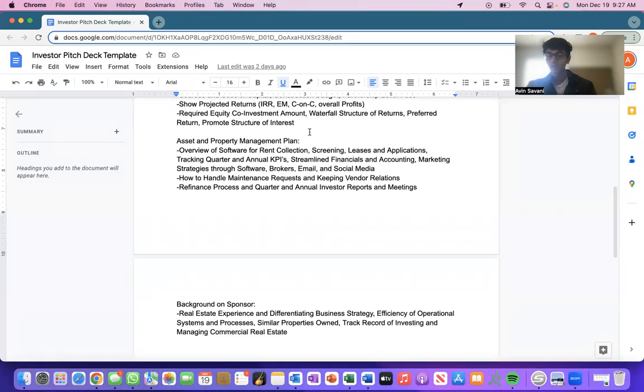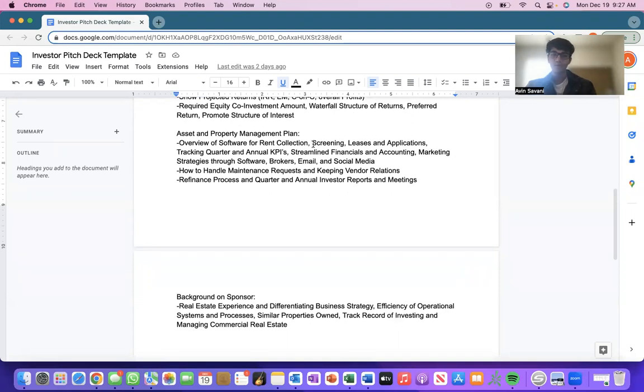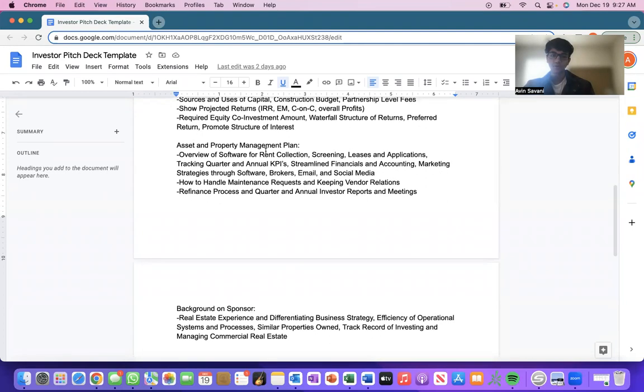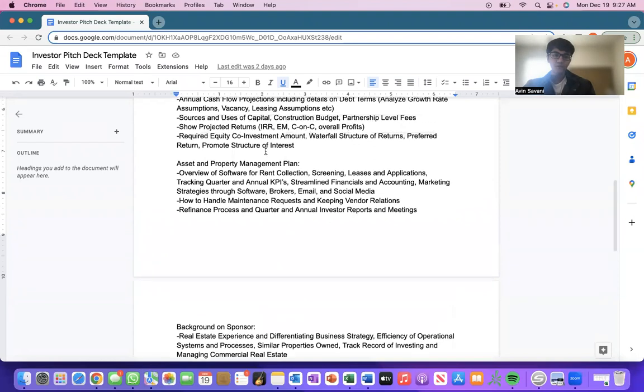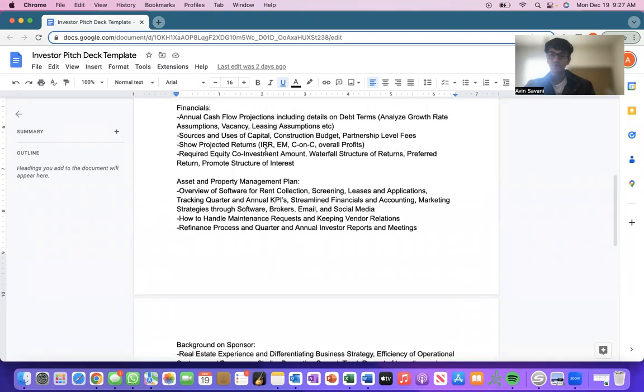Like I mentioned, if you have hurdle rates that the LP or the GP can get promoted on, inform them about the waterfall. And then the preferred return, that's what the LPs are asking for upfront, whether that's 6%, 7%, 8%, whatever that is. And then again, the promote structure as well. So that's a basic snapshot of the financials.